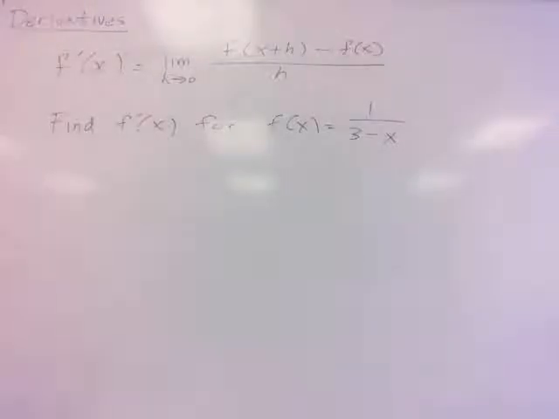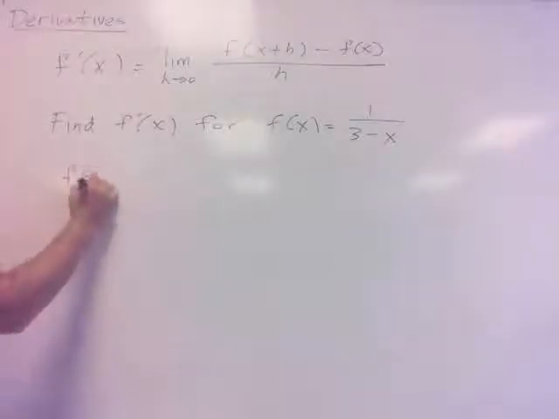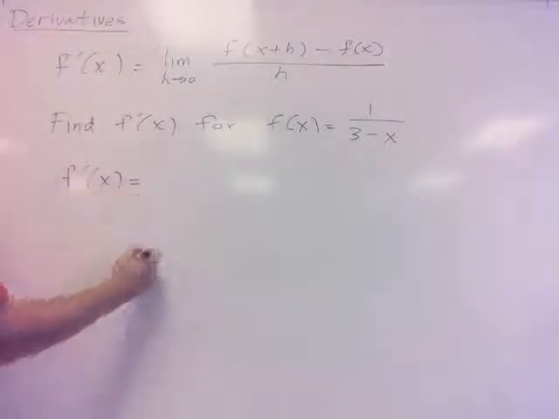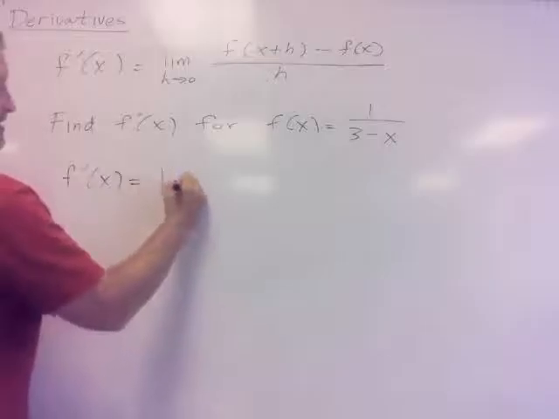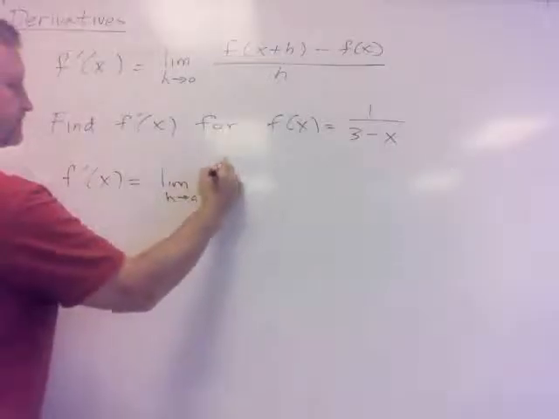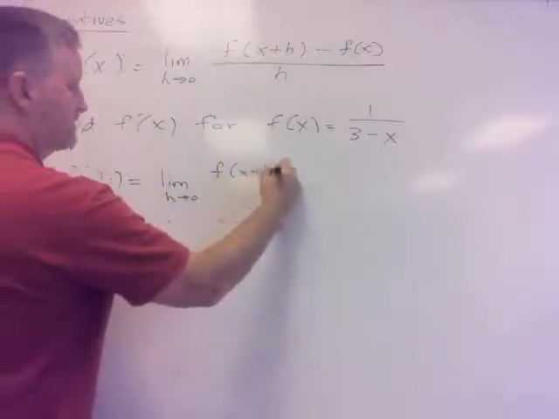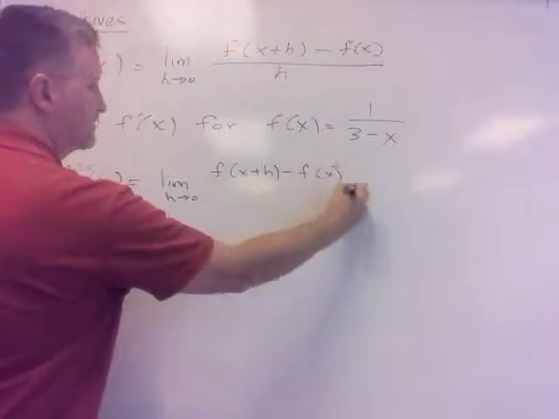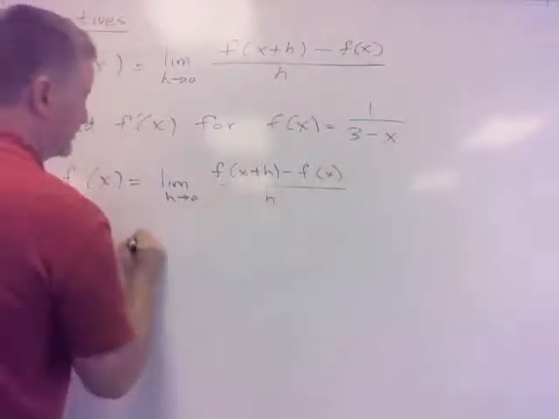What should we do? Well, we'll learn different ways, but for now, we're just using the limit definition. Okay. f prime of X is equal to the limit as h approaches 0 of f of X plus h minus f of X over h.